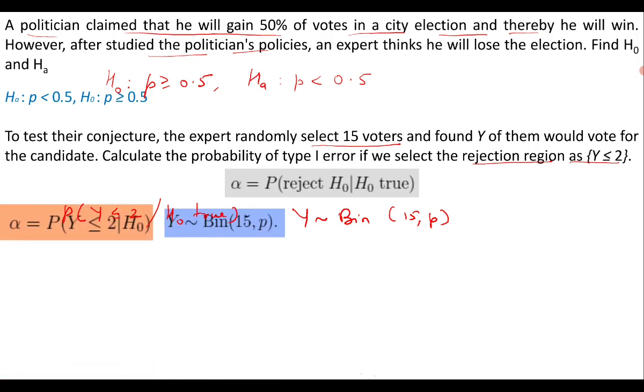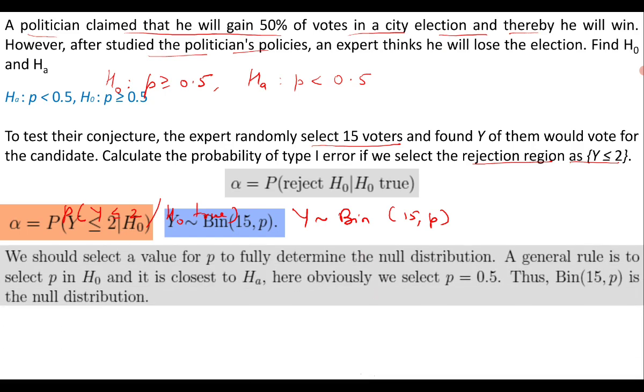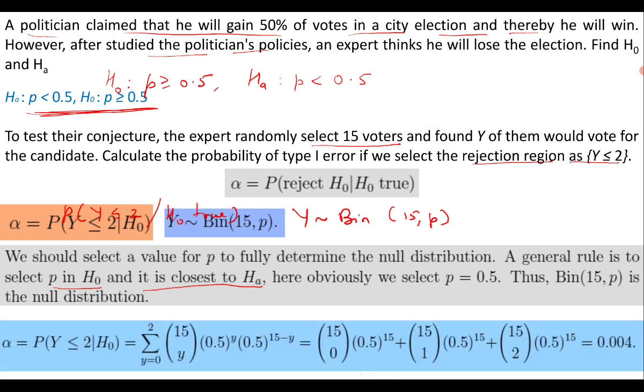There is a thumb rule which says to select p in H naught that is closest to HA, which clearly indicates here that p would be equal to 0.5. Now, when p is 0.5, you know y is binomially distributed, so this can easily be computed. So alpha comes out to be as follows.